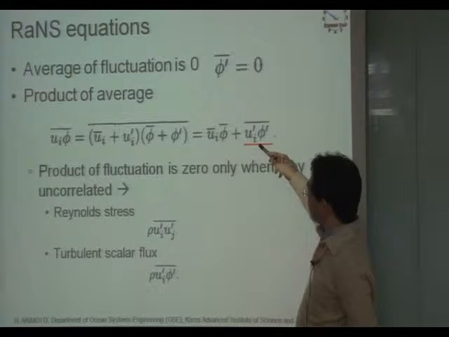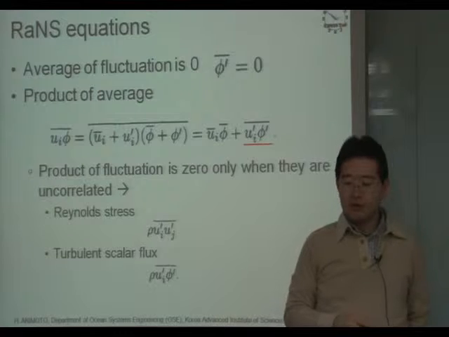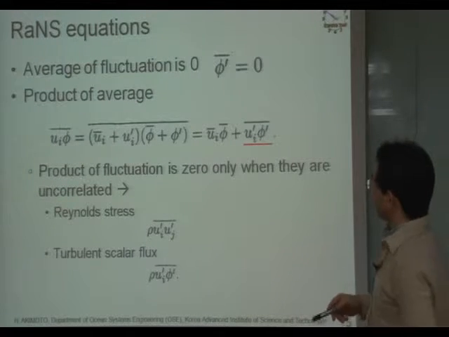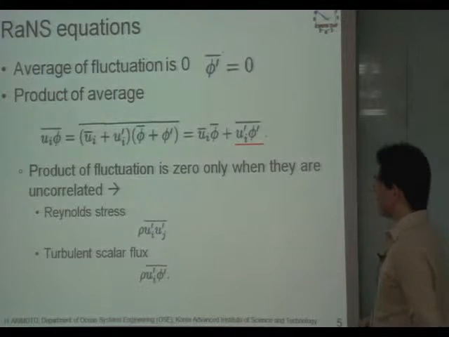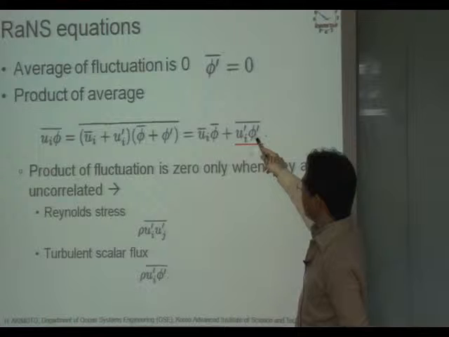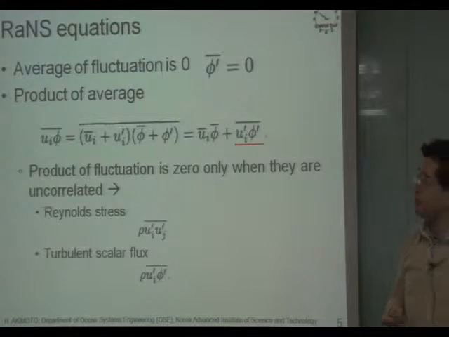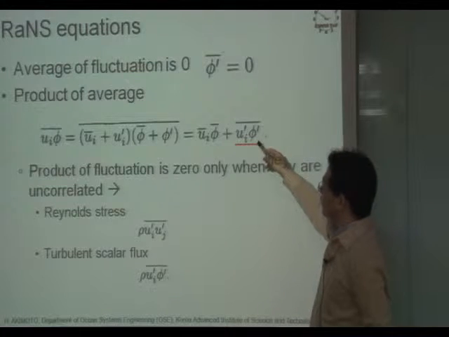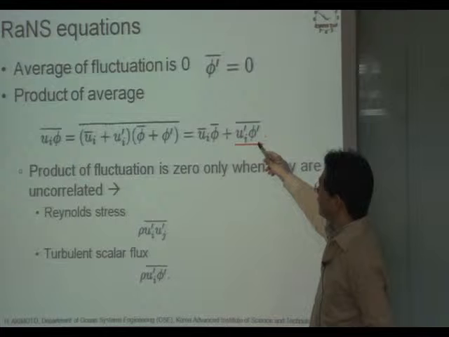The important thing is that we cannot delete this one. If u_i and phi do not have any correlation, we can delete it. But in general, this does not vanish.